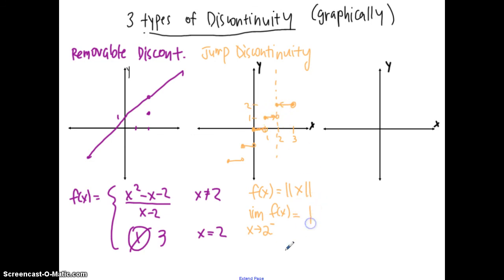The limit as x approaches 2 from the right is equal to 2. As x approaches 2 from the right-hand side, the output is 2. Now f of 2 also exists, and that happens to be equal to 2.